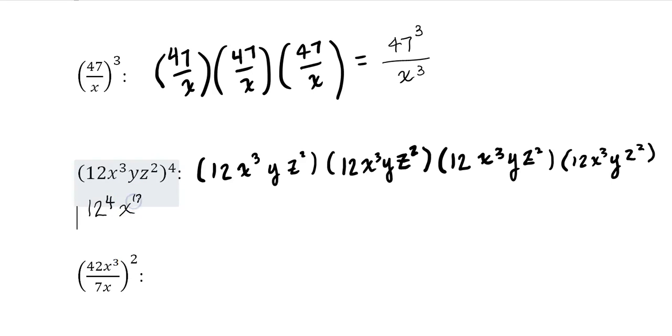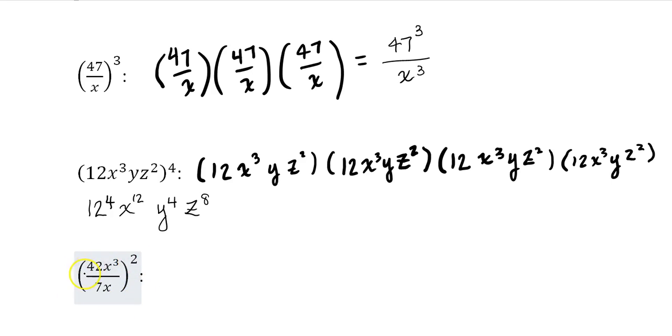So it's x to the 12th. Here I'm going to have 4 y's. So I have y to the 4th. And then the z's, I'm going to have 8 of those because I have 2, 4, 6, and 8. All right. So that kind of makes it a little easier to see how we can go from this to this.